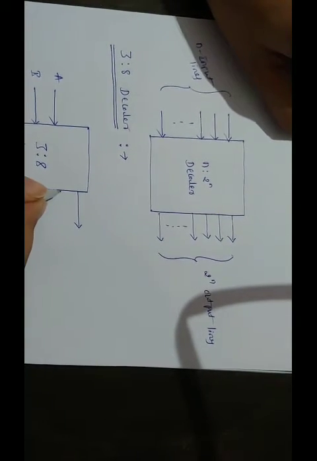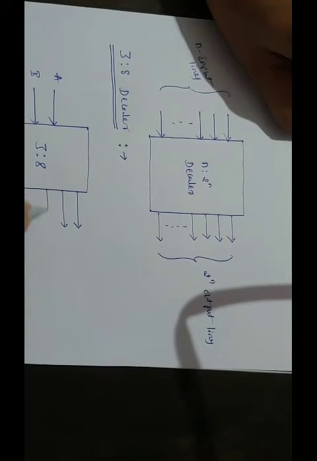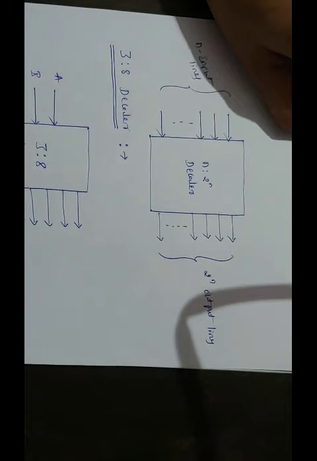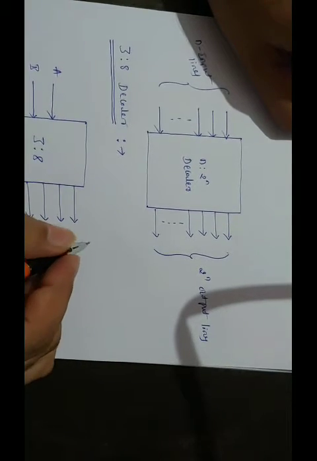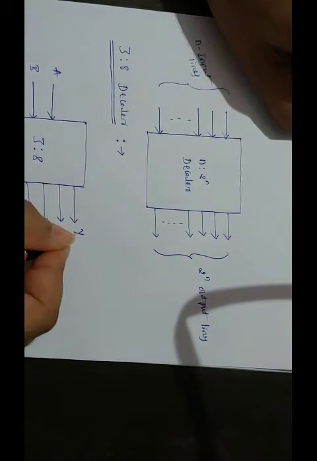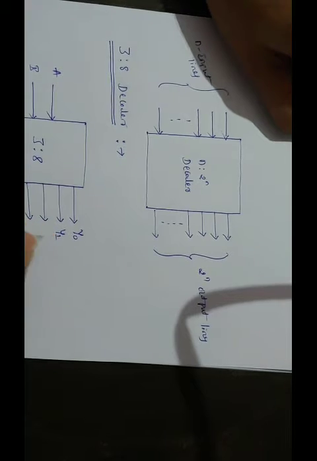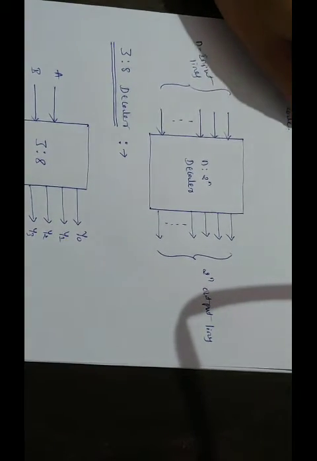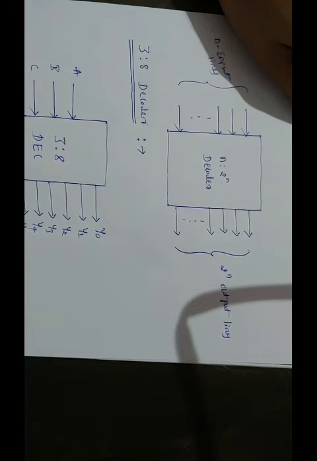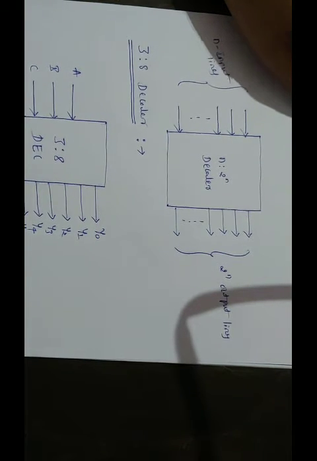It has 8 output lines, 1, 2, 3, 4, 5, 6, 7, 8. I will name them starting from this as y0, y1, y2, y3, y4, y5, y6, y7. So total 2 to the power n, that means 8 output lines.